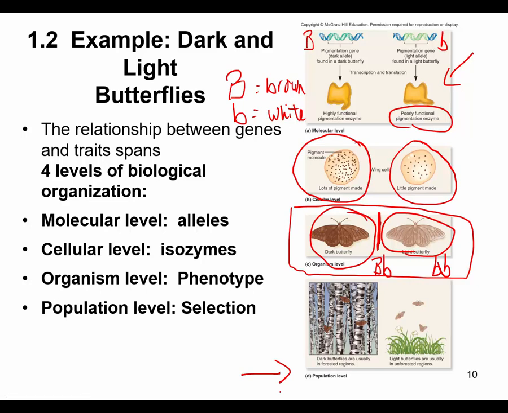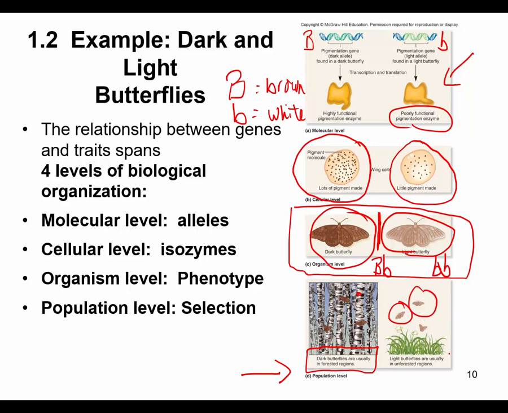Selective pressures select at the population level. And what you can see here is the dark butterflies are more fit in forested regions because they'll land on a dark area of the tree and be hidden from the bird that wants to eat it. Whereas if the white butterflies were to land on a dark tree, it would show up very clear for the bird, and they wouldn't be as successful in the forest.